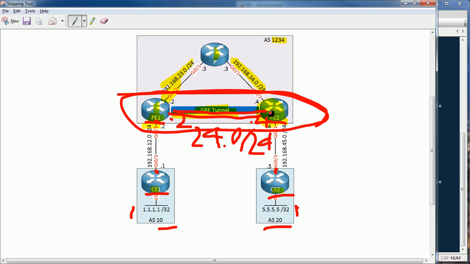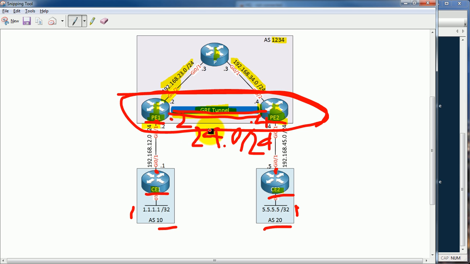Neighbor 1.1.24.4 and remote AS 124. And on P2, we do the same, pointing to the other side.